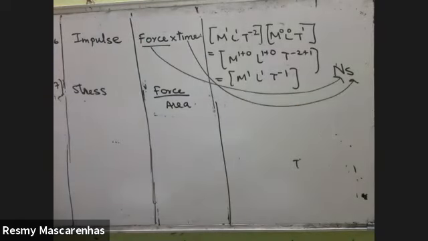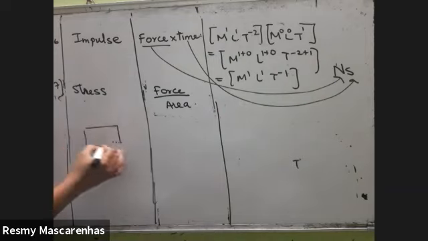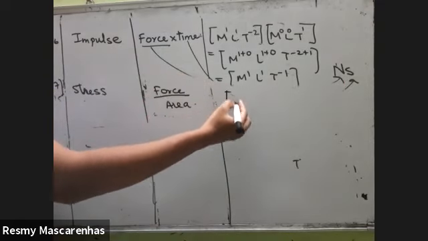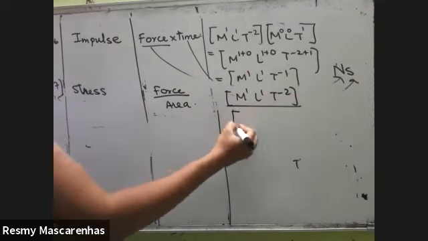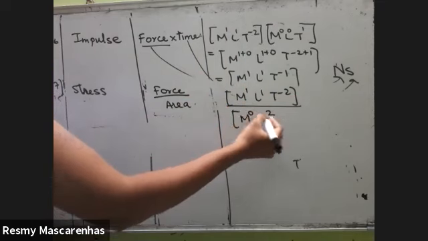So stress is same like pressure. When you have a sponge and you apply some pressure, what is going to happen? It will shrink. So this is the stress because you're applying some force on that particular area. So put the dimensions of force, put the dimensions of area. Force is here on this. Area means L square. Rest of 0.